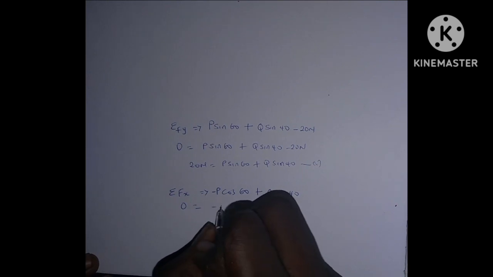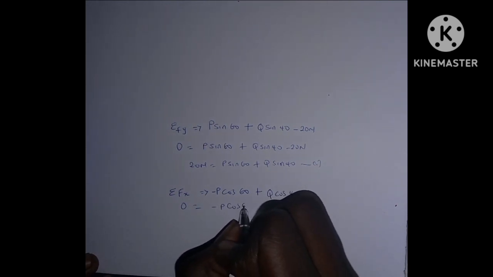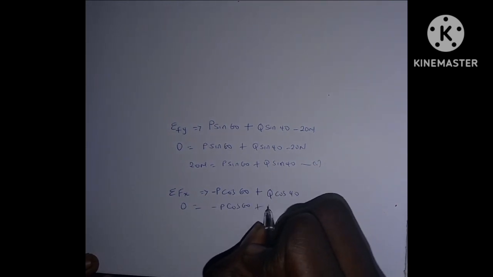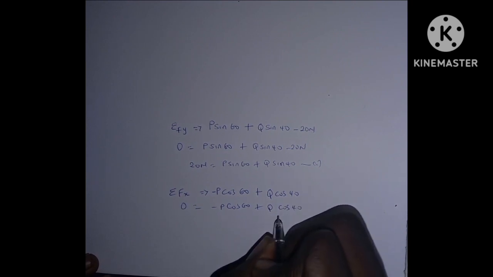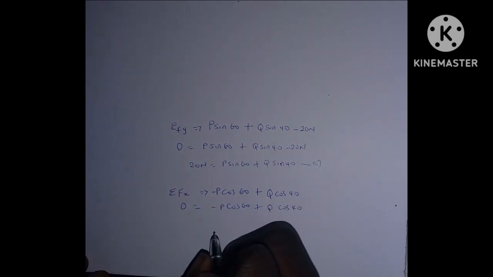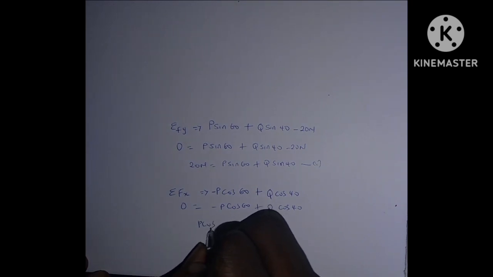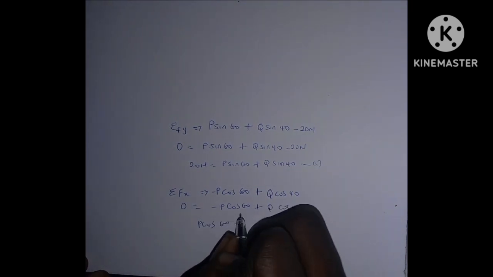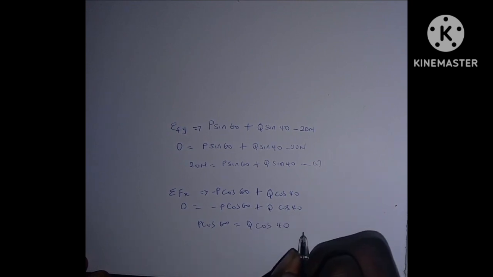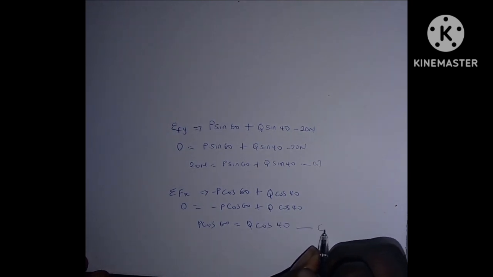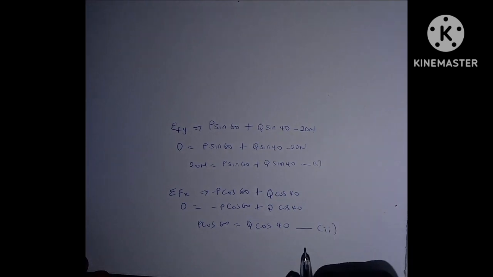So therefore we have minus P cos 60 plus Q cos 40 equals 0. Now we can collect like terms. It becomes P cos 60 equals Q cos 40. Now this is equation 2.